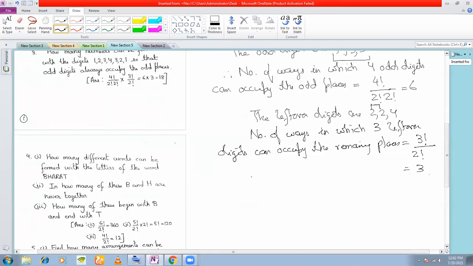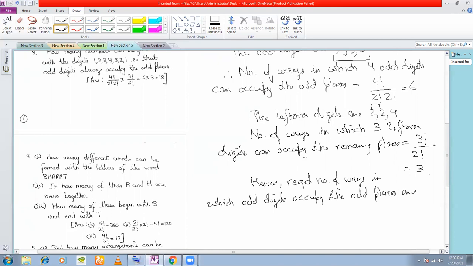So now, therefore, required number of ways, how many? Hence, required number of ways in which odd digits occupy the odd places and the remaining digits in the remaining places.